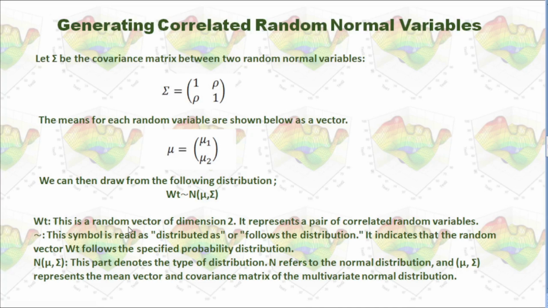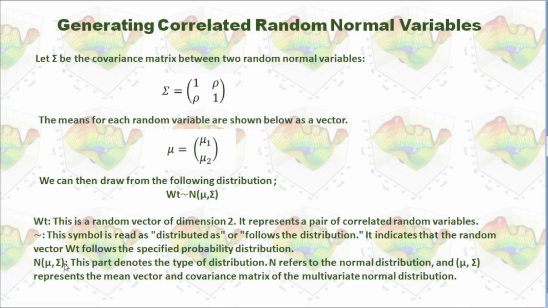Wt is a random vector of dimension 2. It represents a pair of correlated random variables. Tilde is read as "distributed as" or "follows the distribution." It indicates that the random vector Wt follows a specific probability distribution.